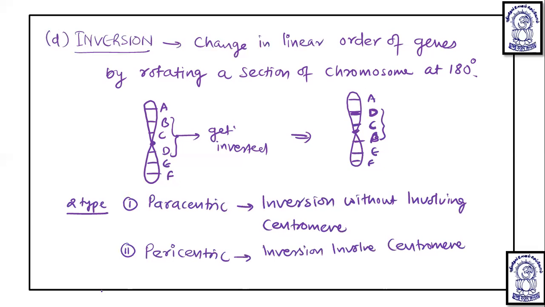Now after this chromosome structure change, we are going to discuss a third type of mutation in which you will see a change in chromosome number, and that we call genomic mutation. So let's talk about genomic mutation.